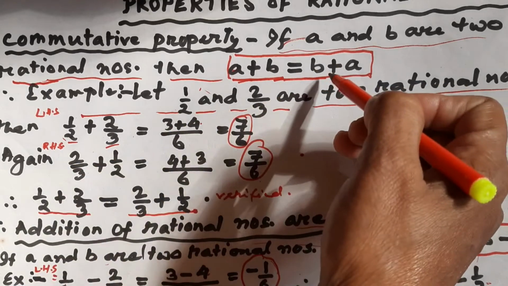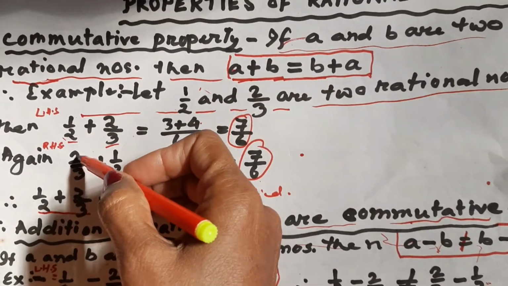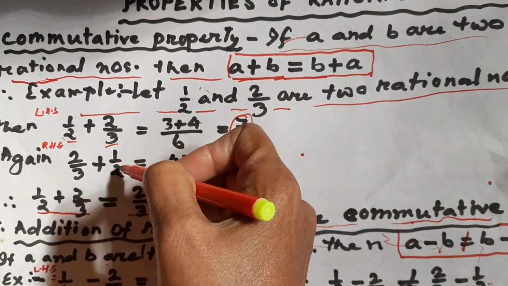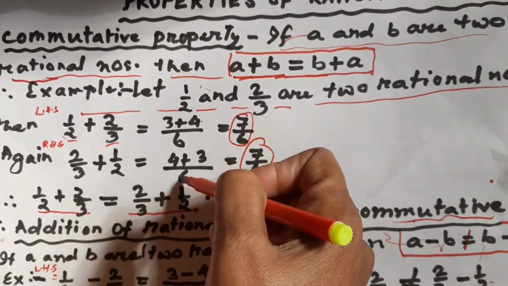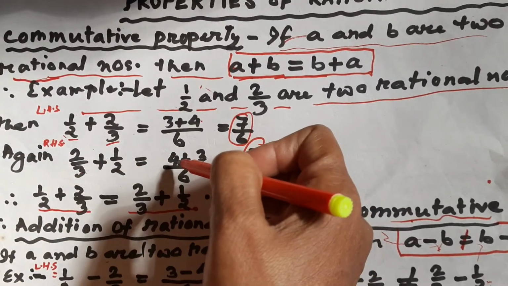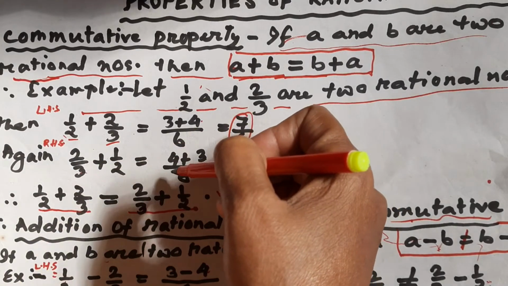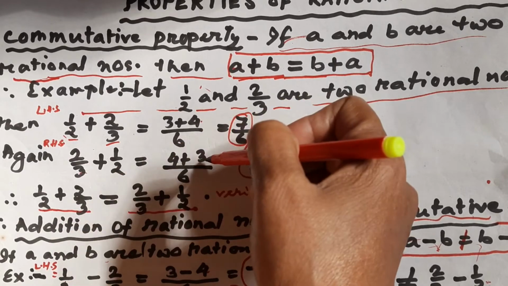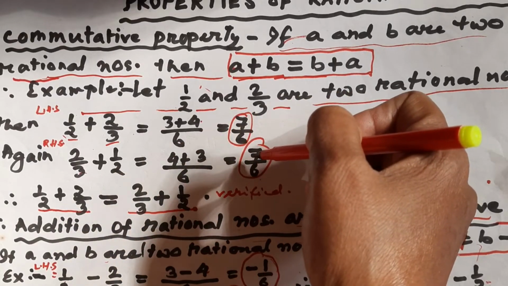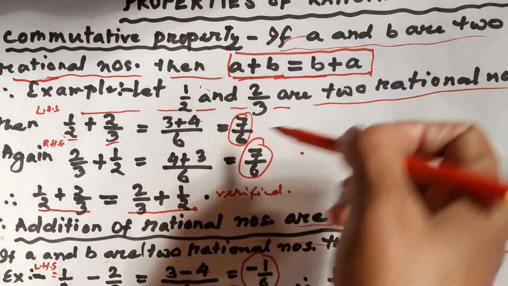Again, the RHS is b plus a, so we put 2 by 3 plus half in place of b plus a, and it will be equal to: LCM will be 6, and 3 goes to 6 2 times, so 2 2s are 4, and 2 goes to 6 3 times, so 3 1s are 3, so 4 plus 3 is 7, and 7 by 6.